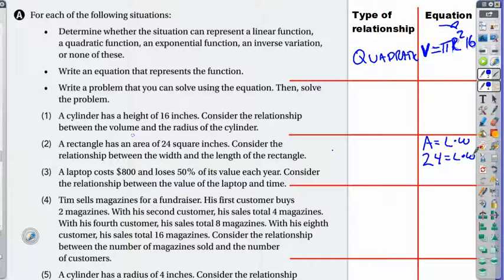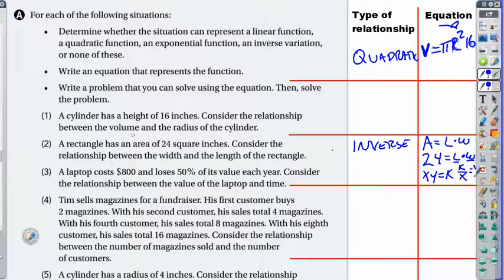What type of relationship has x and y being multiplied together to have a constant product? That is inverse. An inverse relationship is written as x times y is equal to k, the constant, but it is most often written as k over x is equal to y.